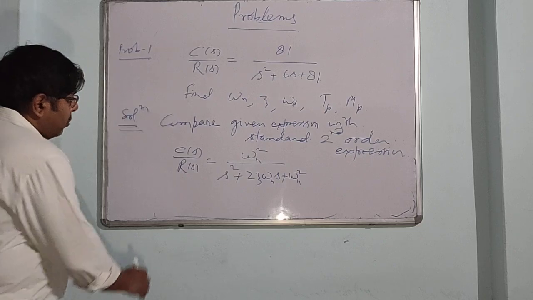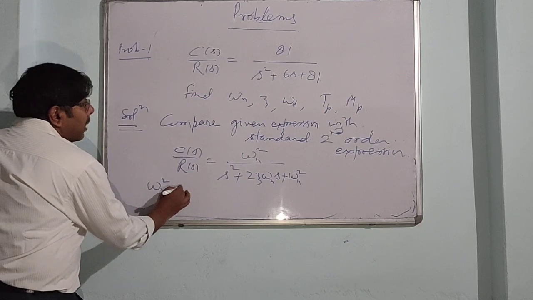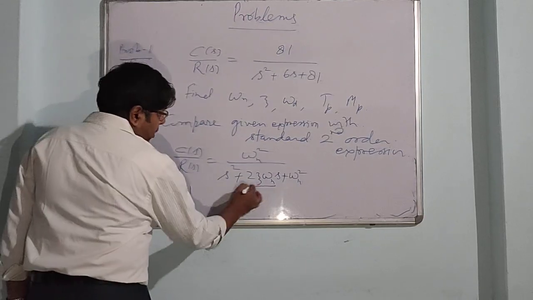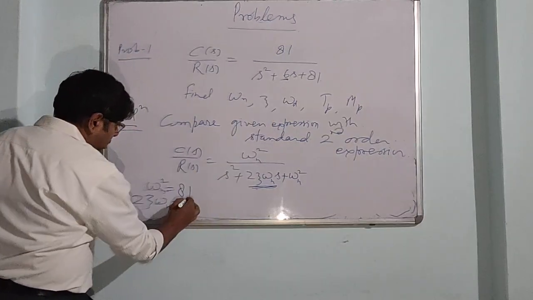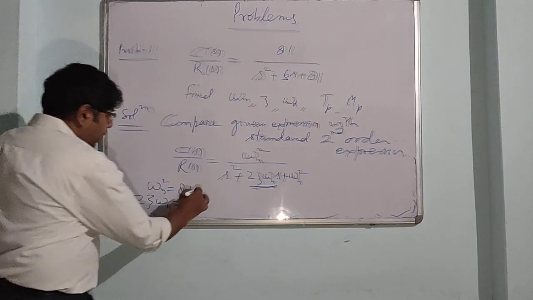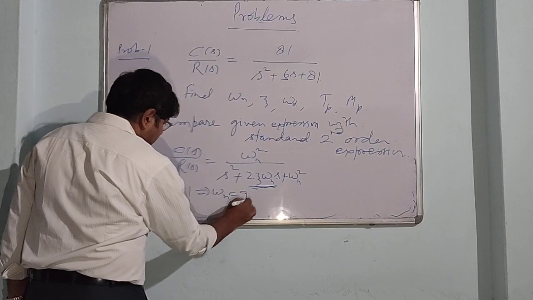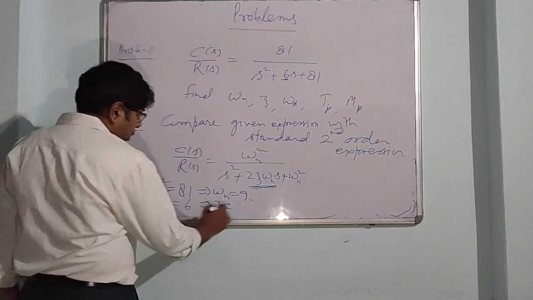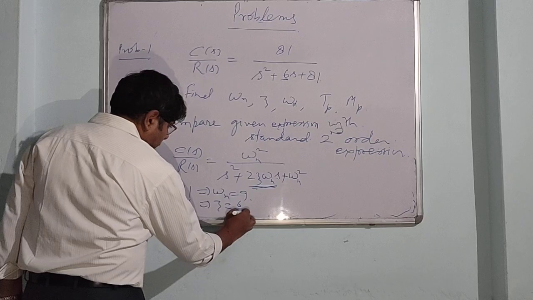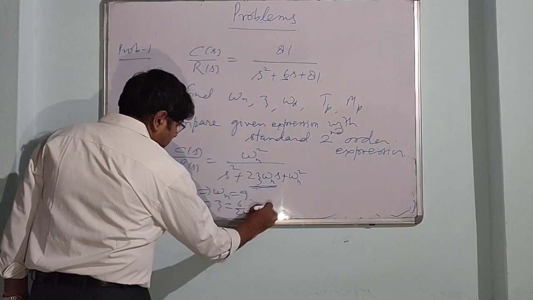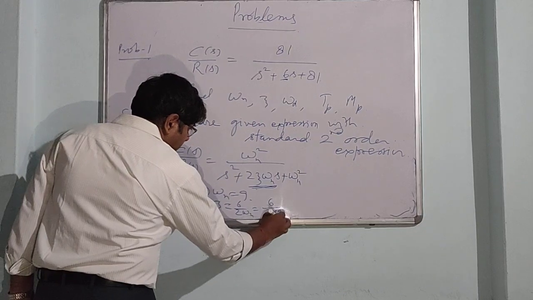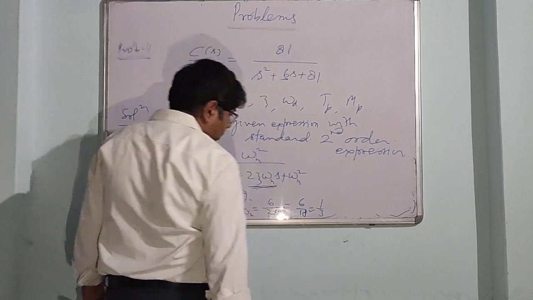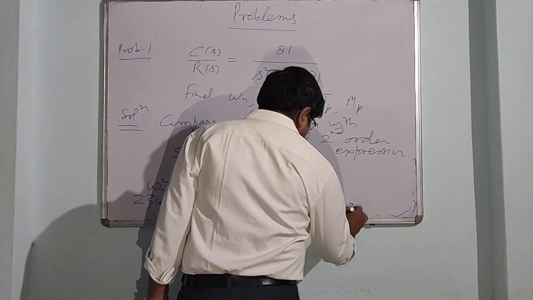So from here you can get omega n square equals 81 and twice zeta omega n, this parameter, is 6. So from here omega n equals 9 and you can calculate zeta from this. Zeta is 6 upon 2 times omega n, that is 6 upon 2 into 9. So you have 6 upon 18, that is 1 by 3. You can also write this as 0.33 approximately.